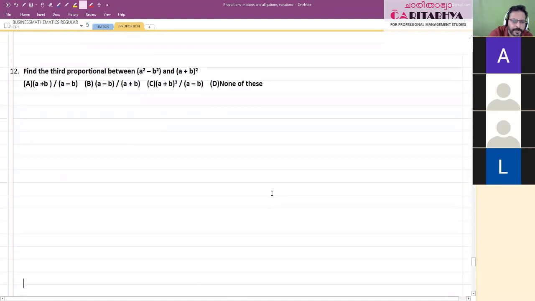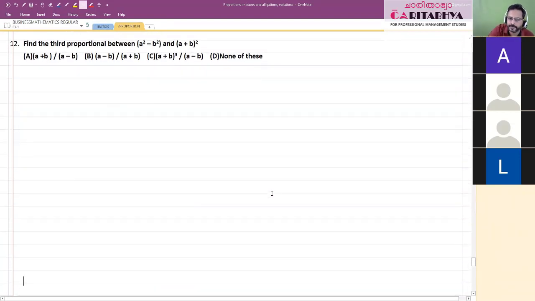Find the third proportional between a square minus b square and a plus b the whole square. Proportional, mean proportional, third proportional.